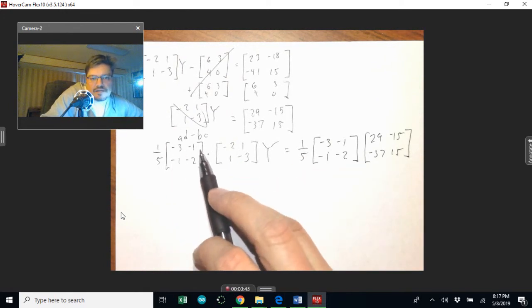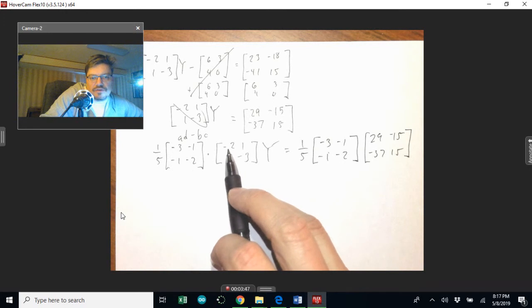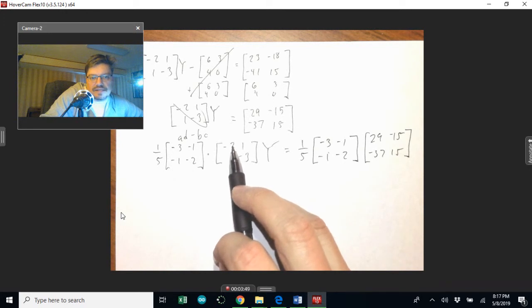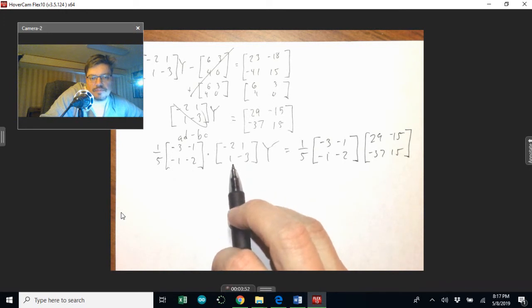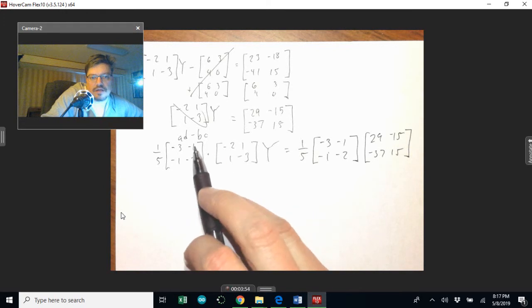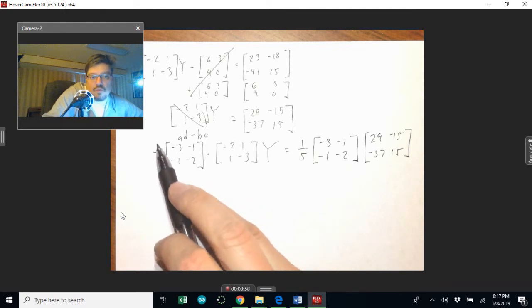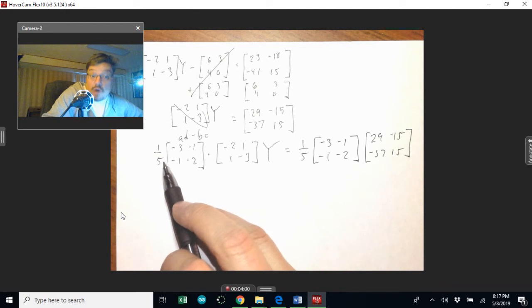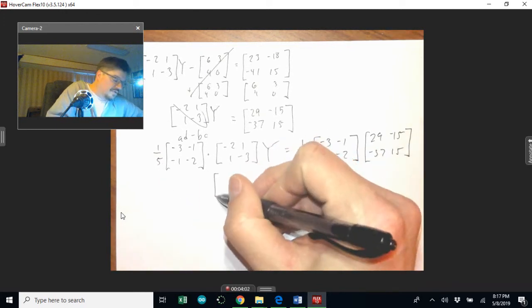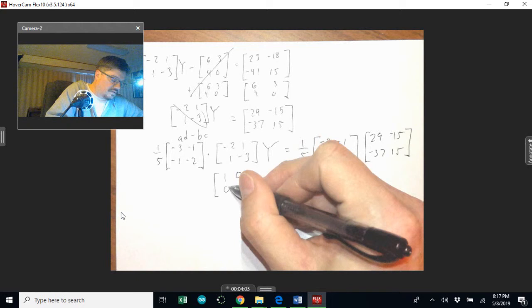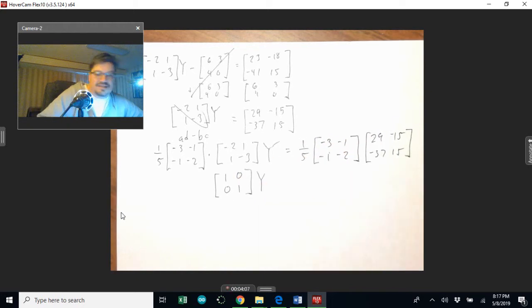Negative 3 times negative 2 is 6 plus negative 1 is 5. 1/5 times 5 is 1. If I kept doing this, I'm going to end up with the identity matrix.